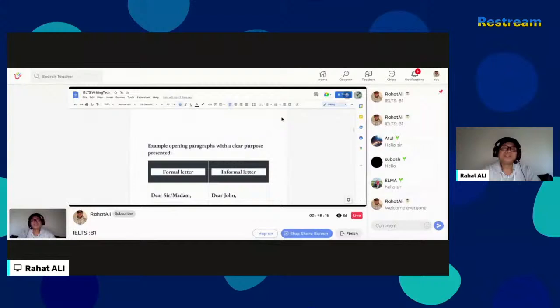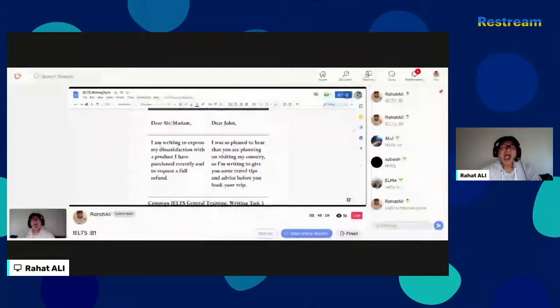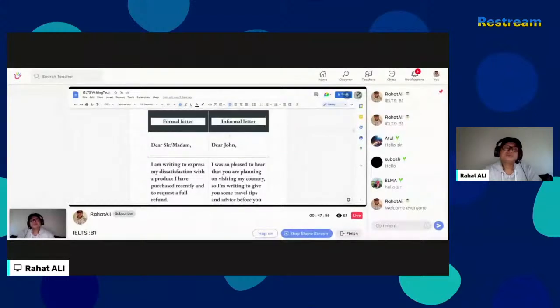So, for example, an opening paragraph with a clear purpose presented. So as you can see, formal letter, when we don't know the name of the person whom you're writing: dear sir or madam.